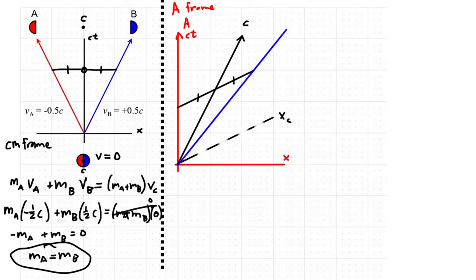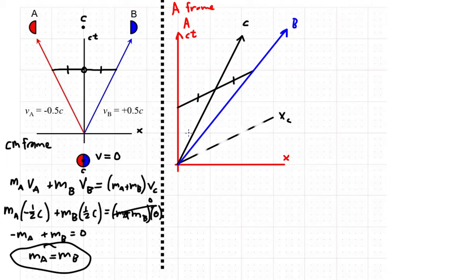So now this is the world line for B in A's reference frame. And you can see clearly B is not going at twice the speed of C. If you look in A's reference frame, the velocities don't have that same relationship, okay? So what is the velocity of B relative to A?